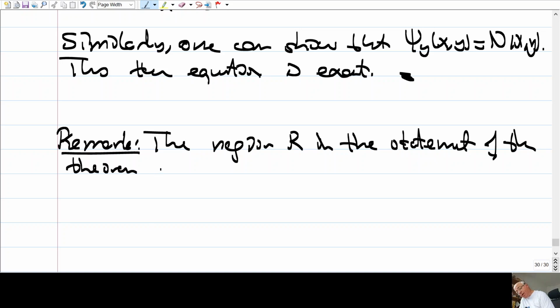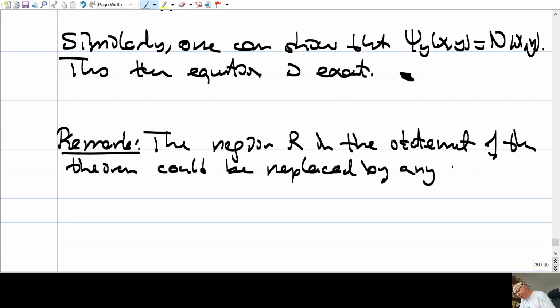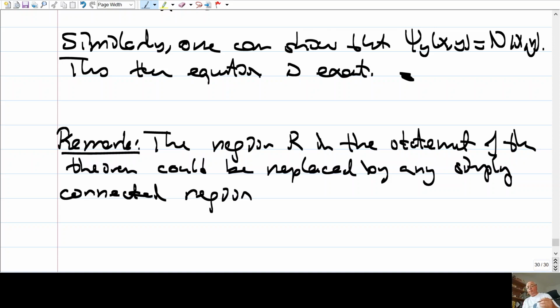could be replaced by any simply connected region. So it doesn't have to be a rectangle, okay?